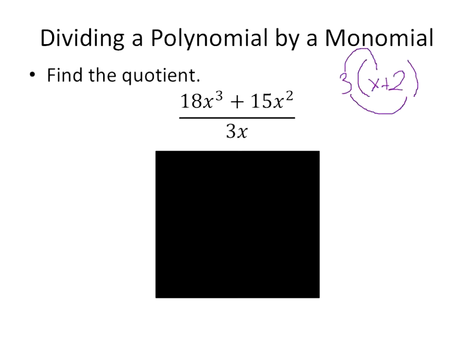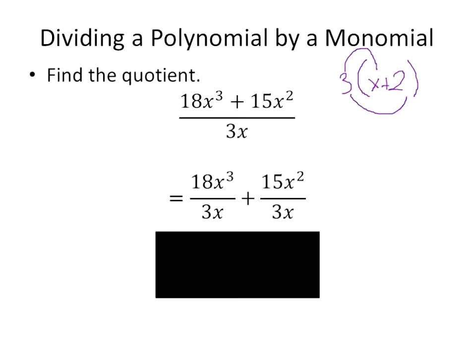So let's look at that. So that's the first thing I actually did. I'm actually showing the step here. This step, if you get comfortable, you can skip, but it's just exactly what Chelsea said. I'm going to say 18x cubed divided by 3x and 15x squared divided by 3x. I have to divide each of the parts that's there. Okay?